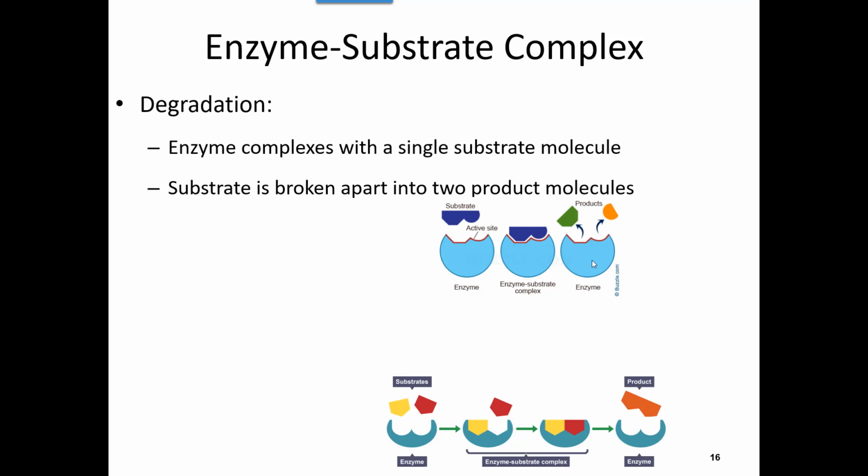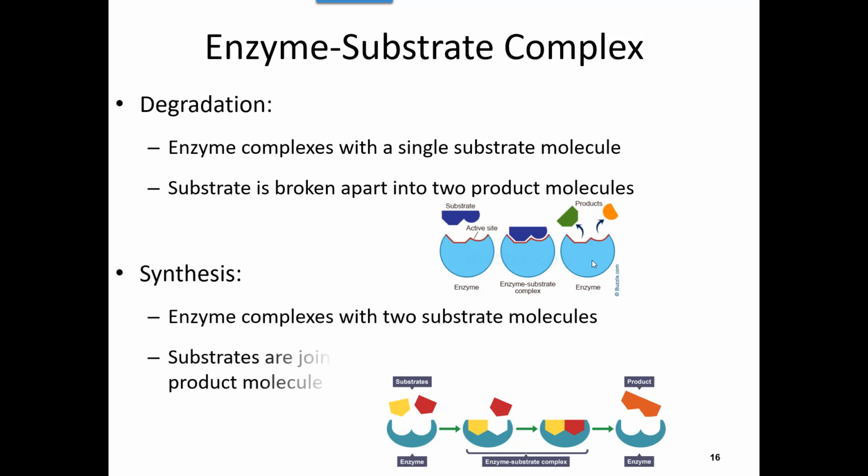The reaction called degradation, just based on its name, is breaking things down. So this enzyme is going to work and fit with this particular blue substrate. When that substrate sits in the active site, that enzyme's job is to break it apart. And so its products are two smaller products that came from that original substrate.